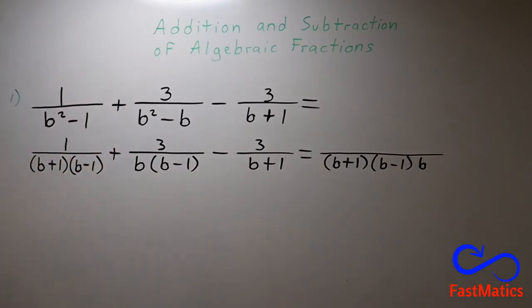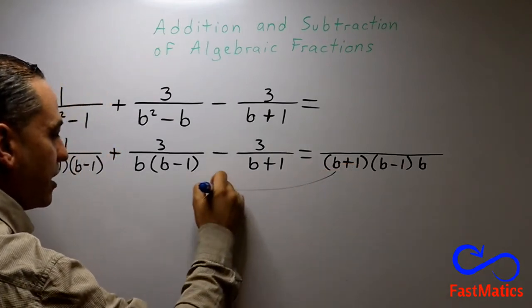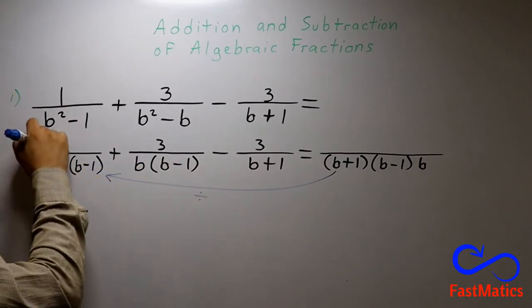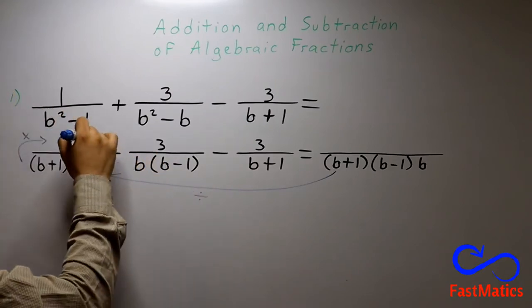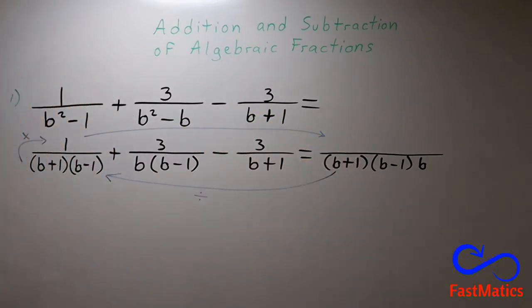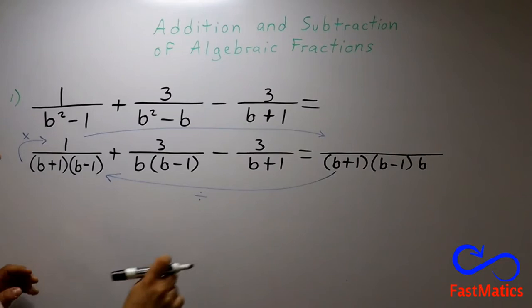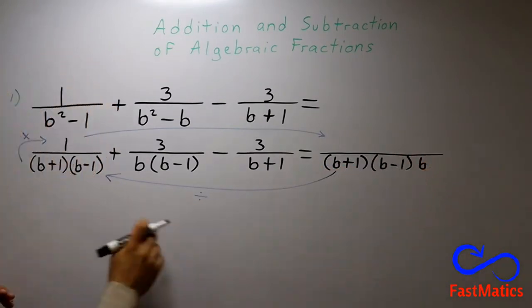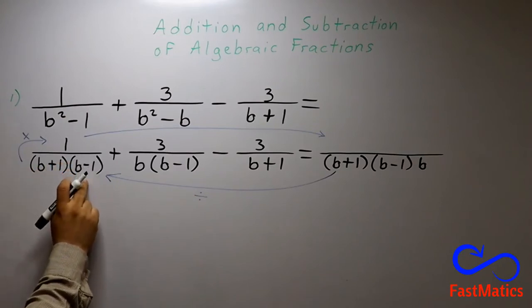And now remember fractions. When we added fractions with numbers, we divided first. After that, we multiply. And finally, we put that here. So, b plus 1 times b minus 1 times b divided by b plus 1 times b minus 1.